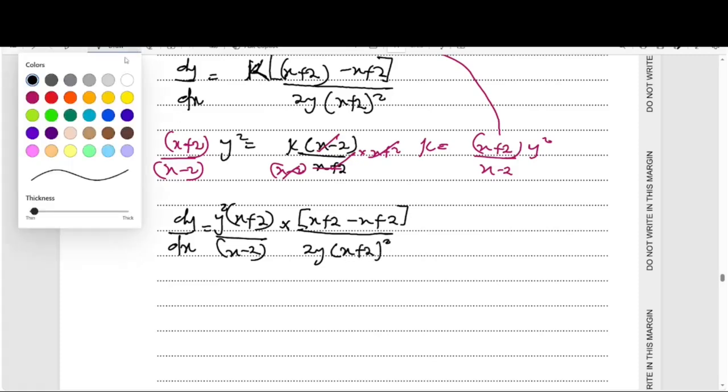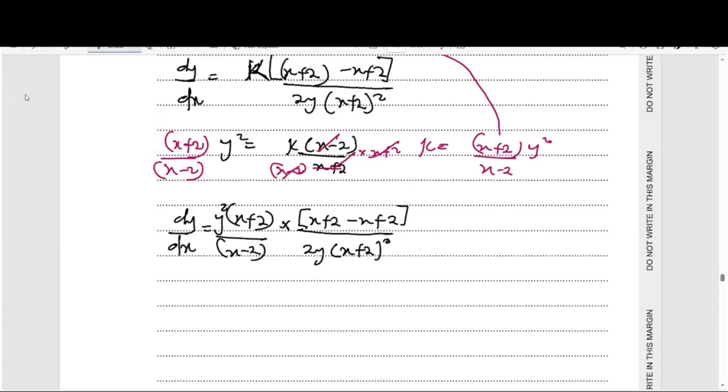So let's do some cancellations and then find out what we get. So x plus 2 here takes out one x plus 2, so we have x plus 2 is equivalent to 1 from here.